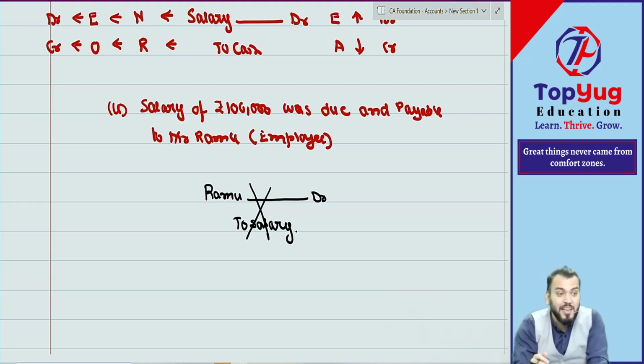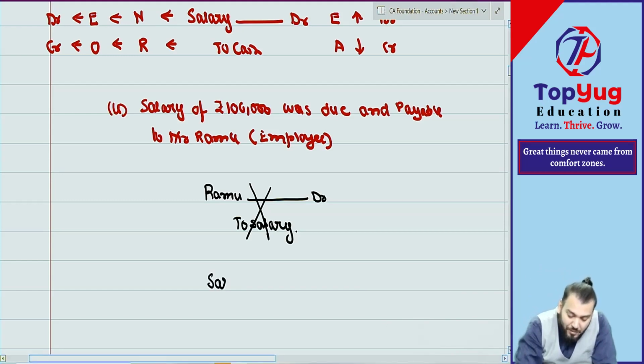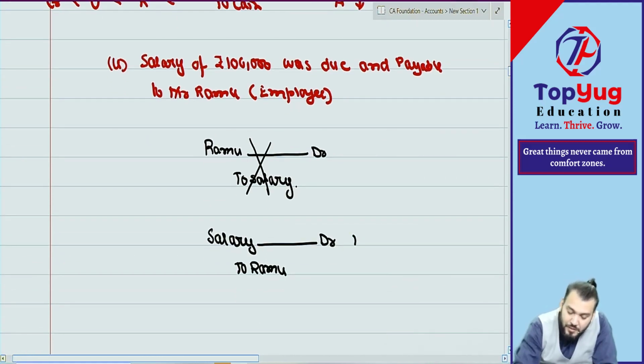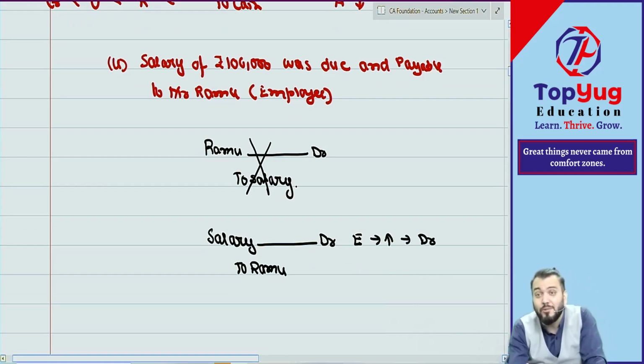So here, if you are paying salary, there is an increase in salary. Correct. So here, salary account debit to Ramu. But the salary is what? Expense. Increase or decrease? Increase in expense will be debited. Ramu is what? The amount is payable to Ramu.